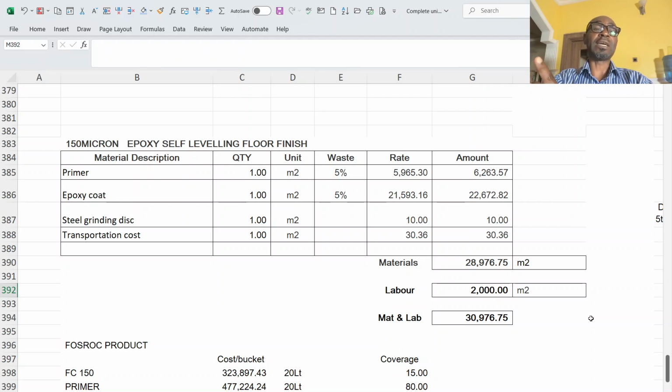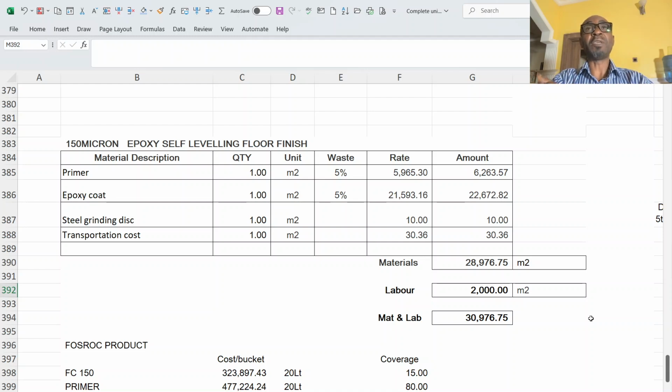So if it says equivalent, you go for a Sika product, which is upper in terms of quality, because these brands' prices are always very high, and there are other smaller brands that would do the same work, give you the same outcome and appearance, but their prices are cheaper.